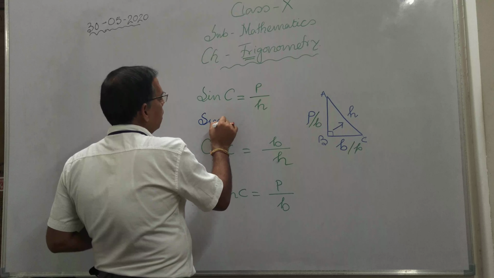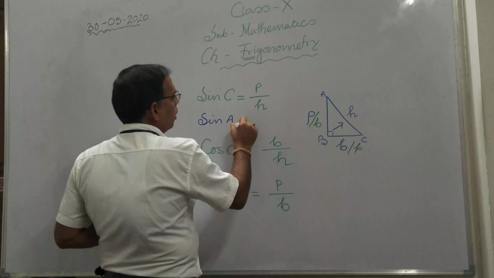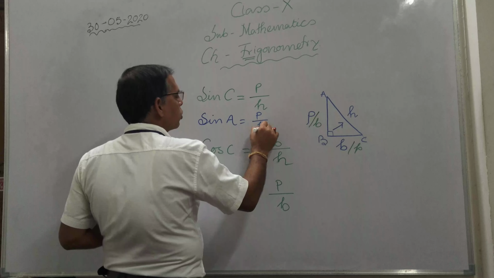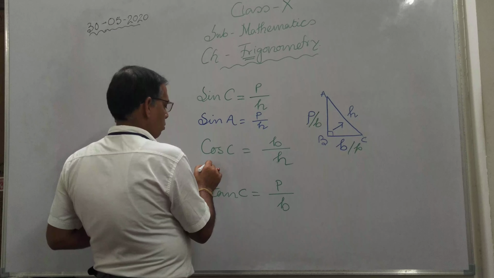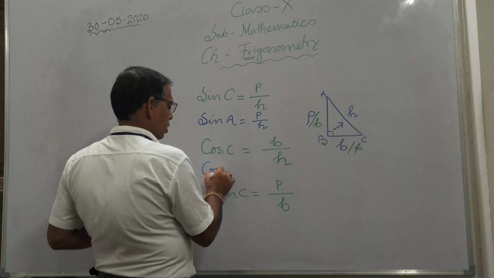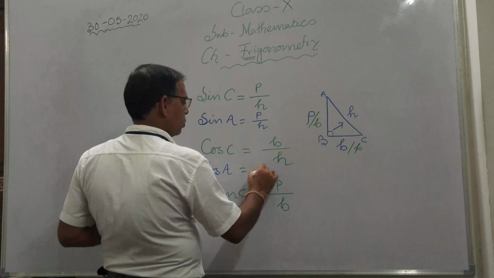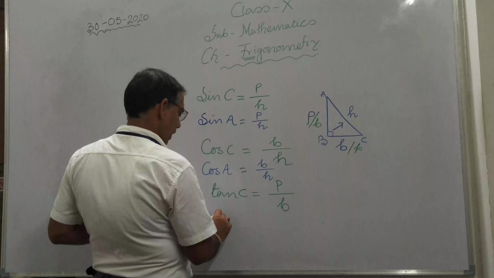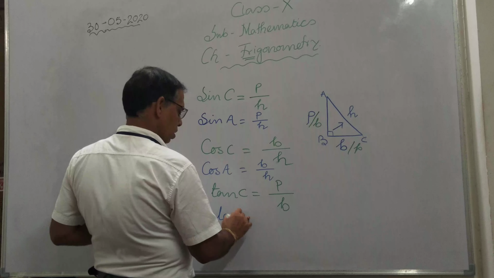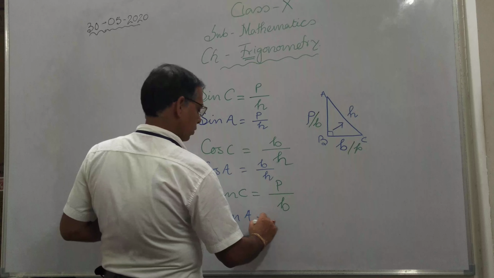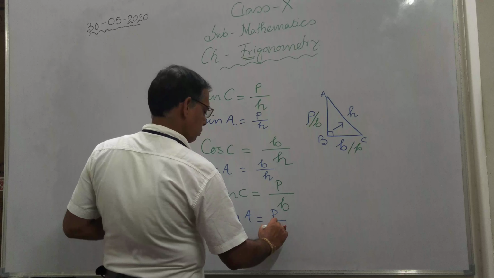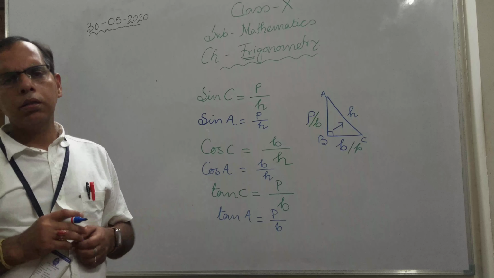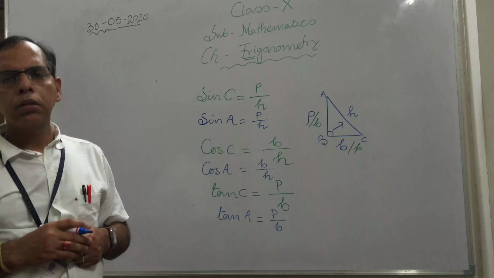Sin A equals P by H. Cos A equals B by H. And tan A equals P by B. Then you may think, is there any difference?